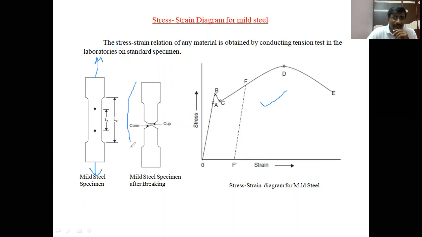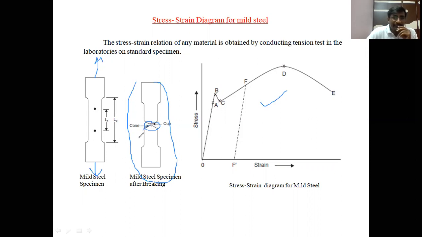The second diagram shows a mild steel specimen after breaking. After breaking, wherever the weakest section in the specimen is, there a cup-shaped neck will be formed, that is necking. At that necking, the specimen fails into 2 pieces.